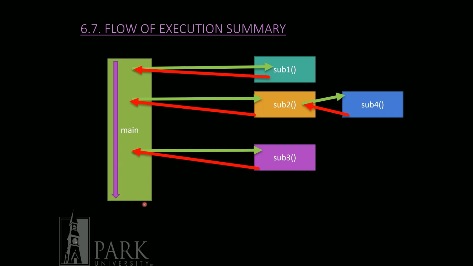Now, in this illustration, we have what we call the main function, the main block of code that gets executed. And we haven't really talked about how you create a main function within Python. Well, every Python module has a special dunder variable called name, which is really underscore underscore name underscore underscore.